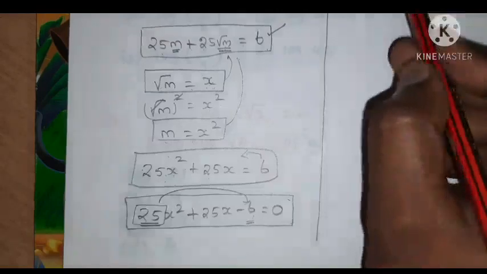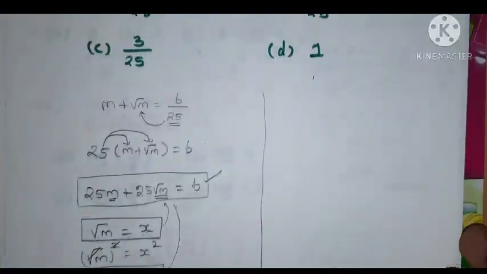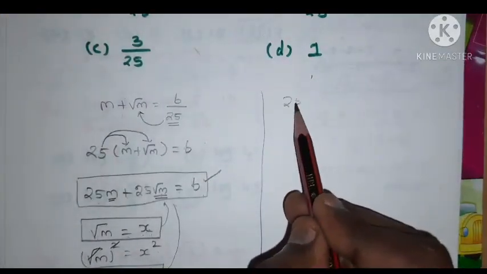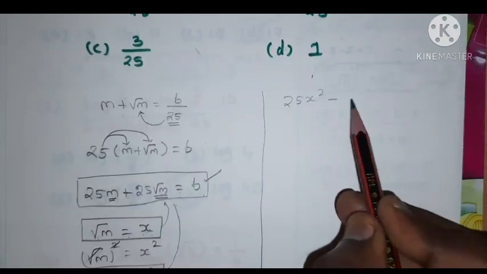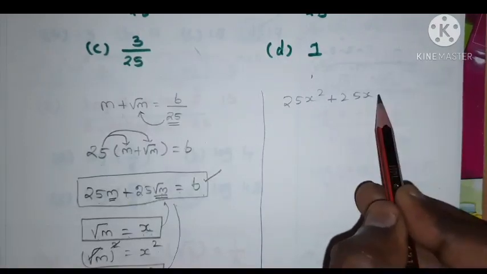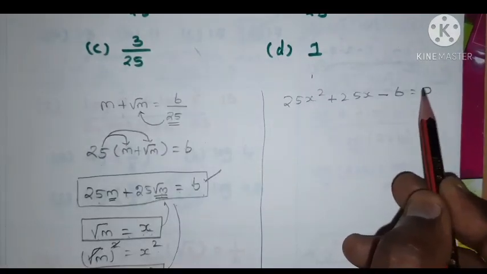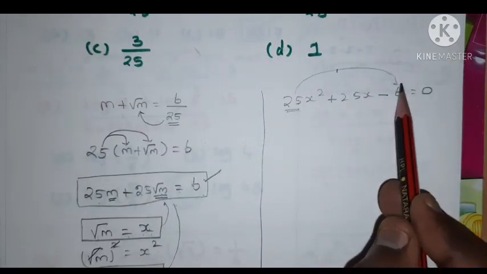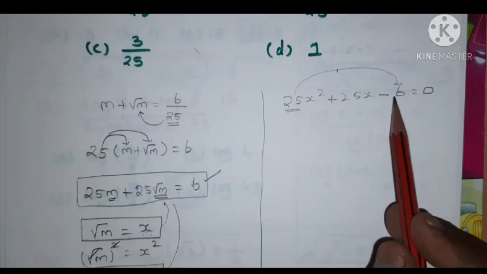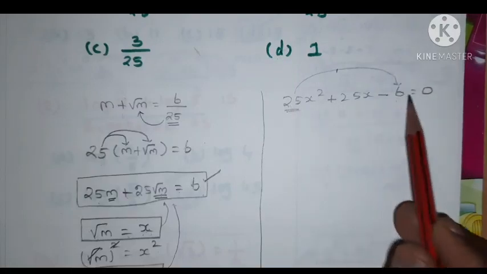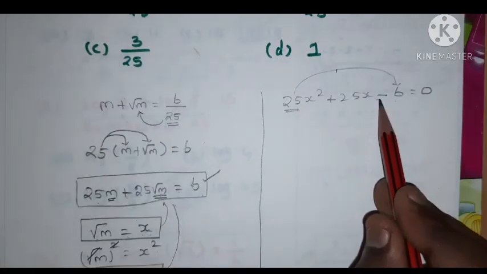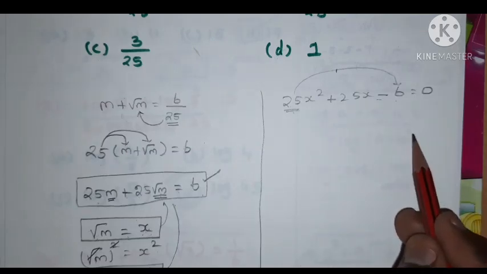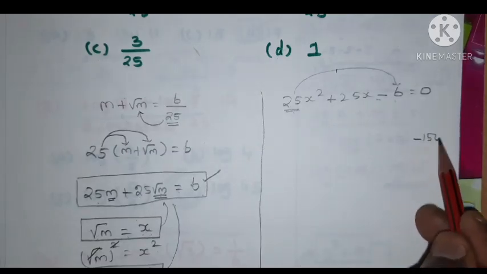Now, based on that, we are going to factorize. The expression is 25x squared plus 25x minus 6 is equal to 0. This coefficient we need to multiply with the final constant value, 6. So 25 into 6 is 150, and since it is minus 6, 25 into minus 6 is minus 150.